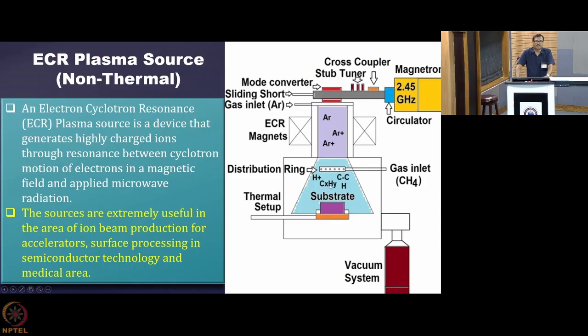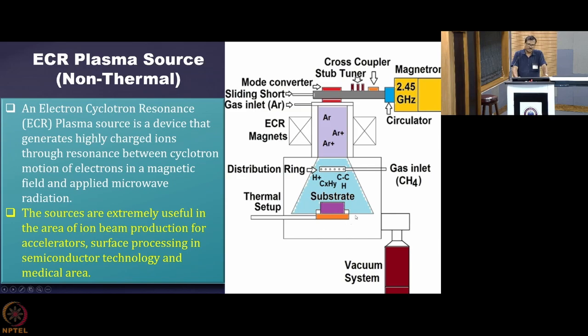For example, if you want to produce some radical and deposit it on a substrate, then we put some injection ring over here, and we inject the precursor over here, that gets in touch with the plasma, gets ionized and gets deposited over the surface that we have put at the bottom.